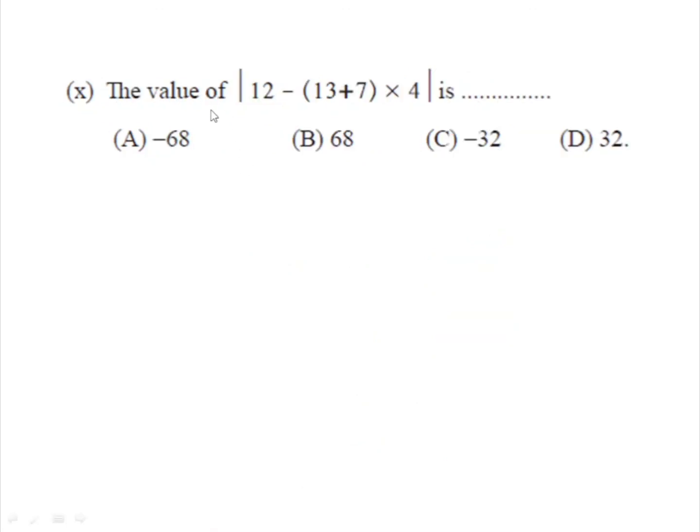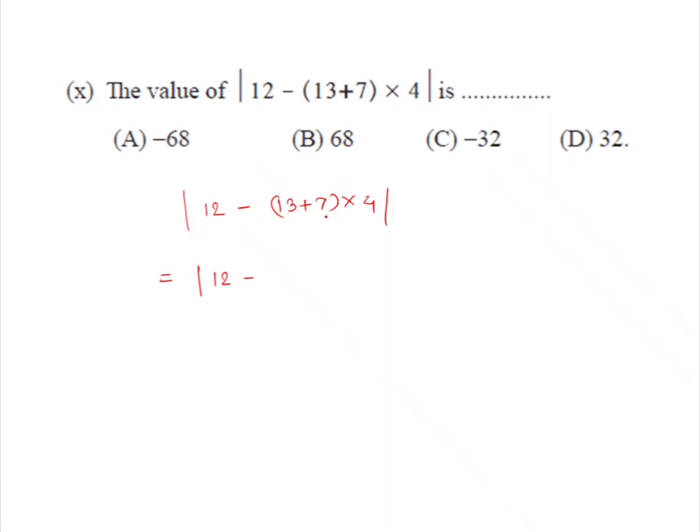The next question is, the value of modulus of 12 minus (13 plus 7) into 4 is... To find the answer to this question, we have to solve this. It is the modulus of 12 minus (13 plus 7) into 4. To solve this, first of all we should take 12 as it is.